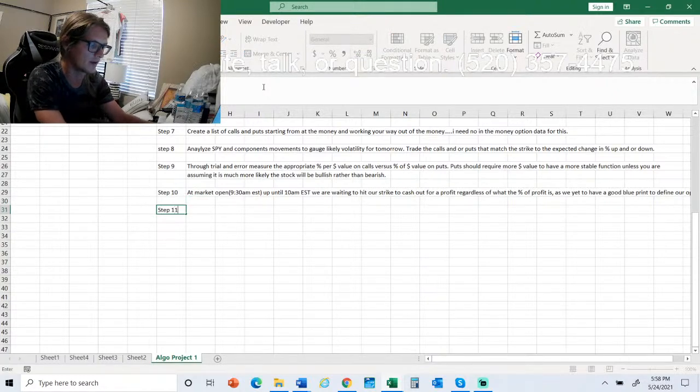Step 11, force close all contracts by 10 a.m. Eastern time.